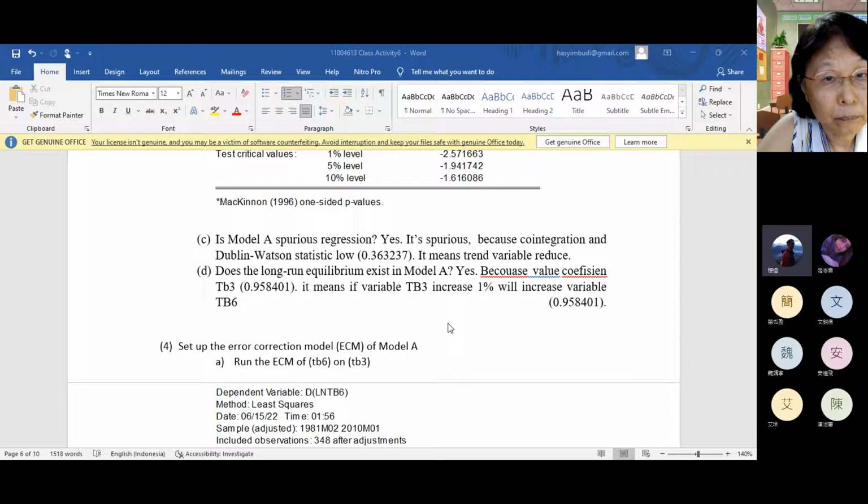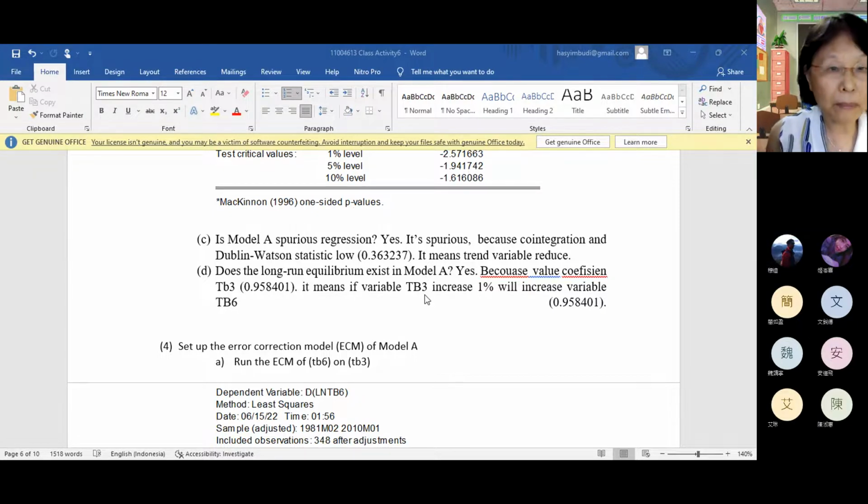When you explain that it is not spurious, it means it's not long run equilibrium, and when it's not spurious, it's co-integration. I think I was wrong in C. Yes, as long as they are co-integrated, they are not spurious. The regression's result is not spurious.